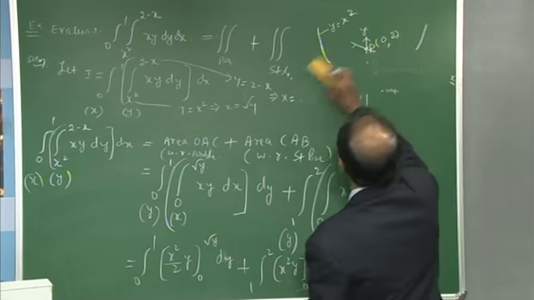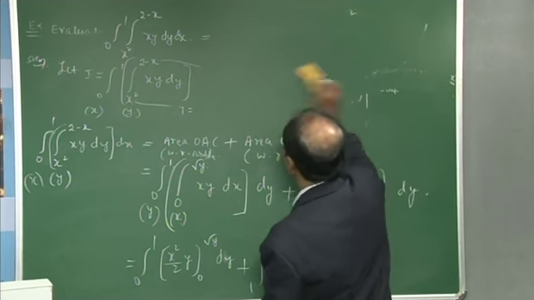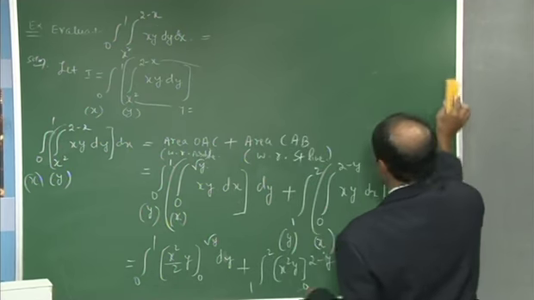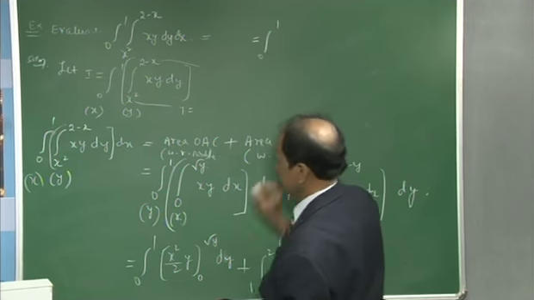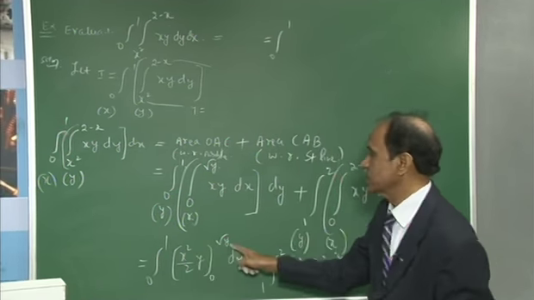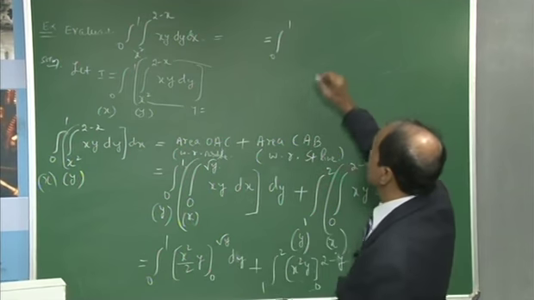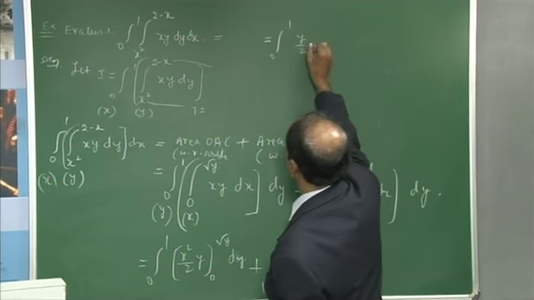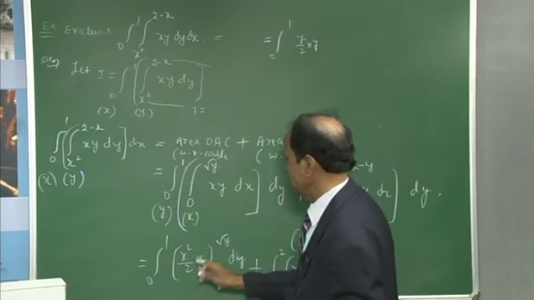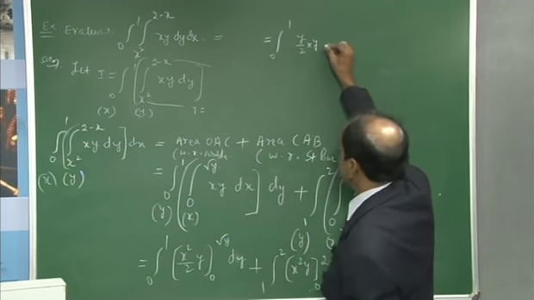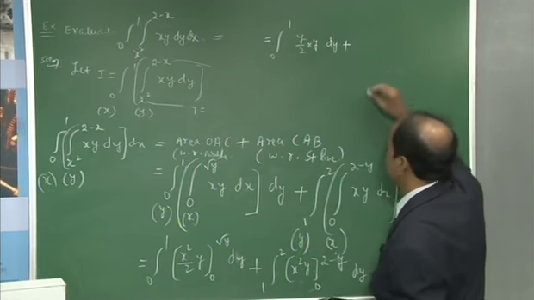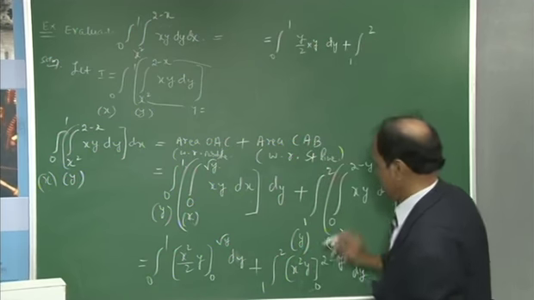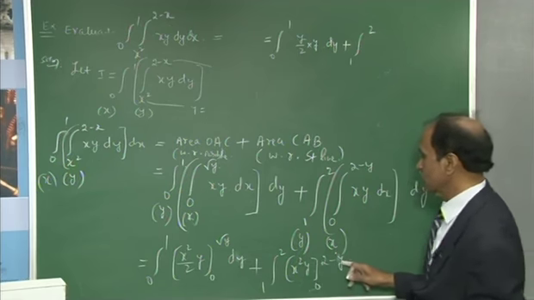Let us simplify by applying the limits, that is 0 to 1, x is equal to root of y, 2 cancels, then y by 2 into y, lower limit will not exist. This is dy, and plus 1 to 2, x is equal to 2 minus y.